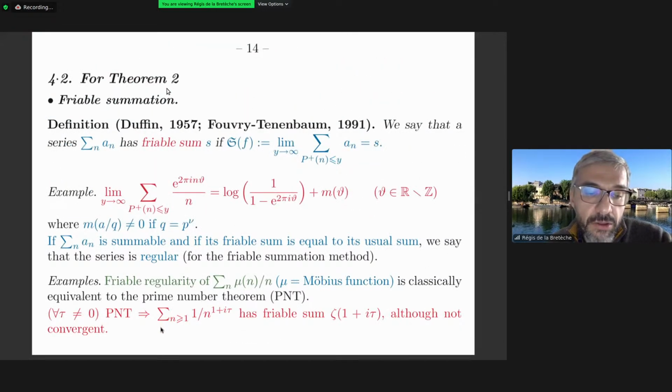But the prime number theorem also implies that the sum of 1 over n power 1 plus i tau has a variable sum, zeta of 1 plus i tau, but which is not convergent in the usual sense. So it's very useful to use a variable sum.